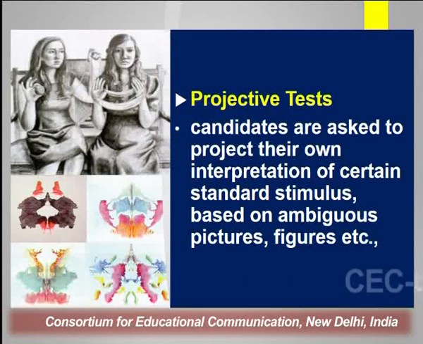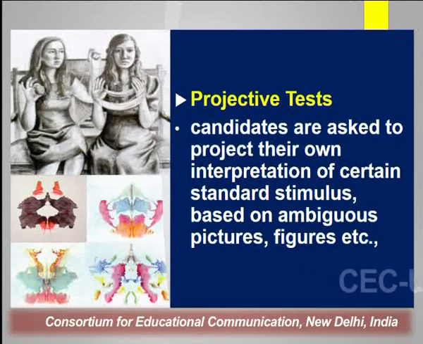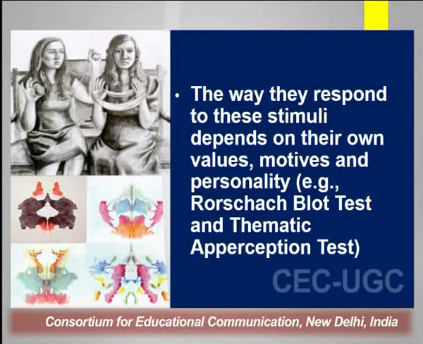These are ambiguous pictures, they do not have a specific meaning, but you have to write what you see, and that is how your personality is judged on the basis of these tests. The way they respond to these stimuli depends on their own values, motives and personality.